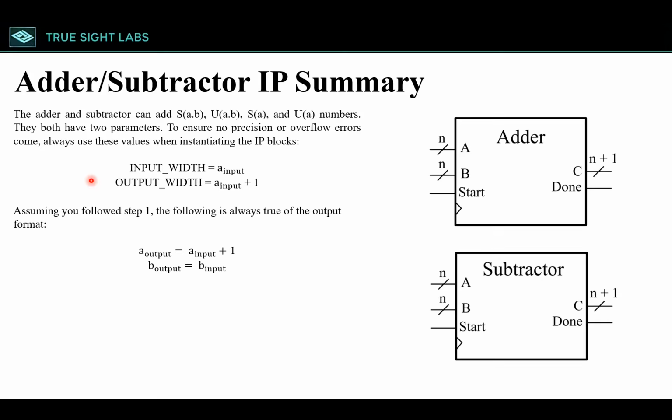And both of these IP cores take in two parameters, and when these parameters are configured correctly, they will ensure that no precision or overflow errors occur, meaning that the result will always be correct. The first parameter is for the input width, and the second parameter is for the output width. Again, both the adder and subtractor must be configured in this way to ensure that it's correct.